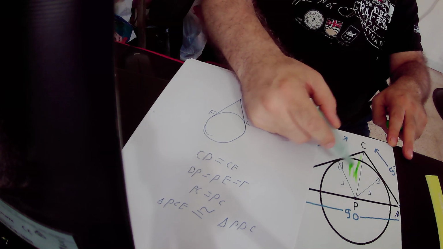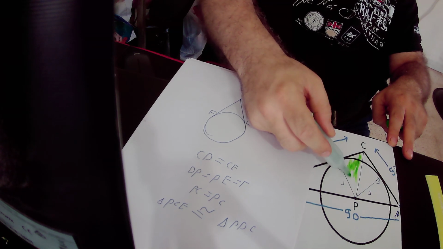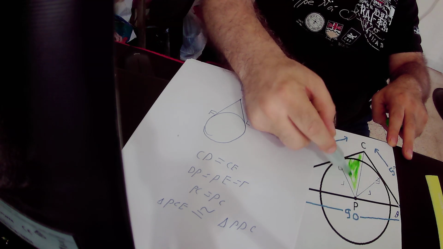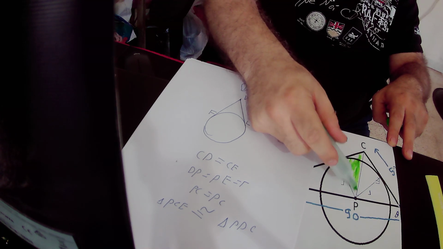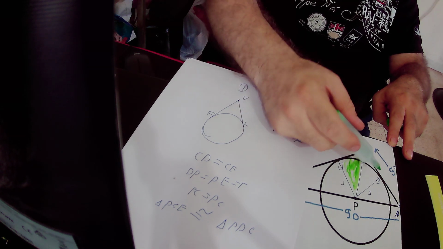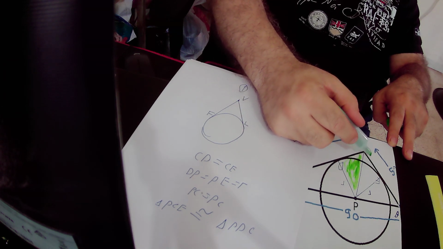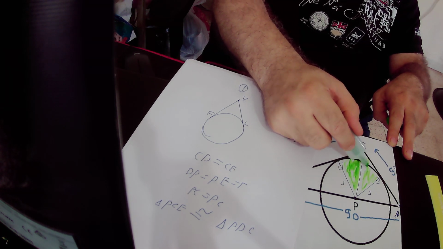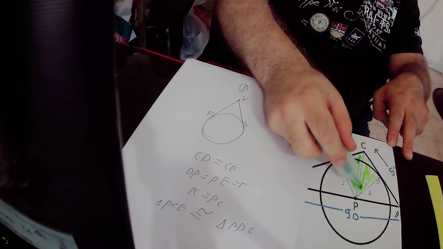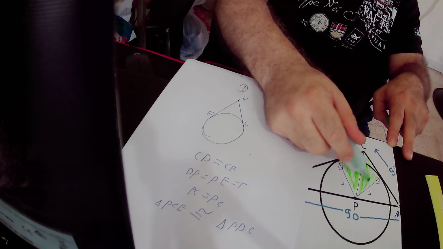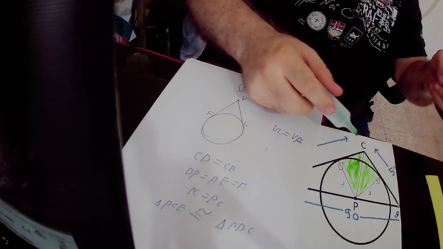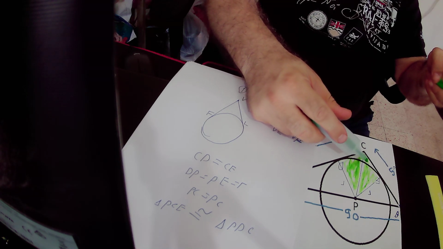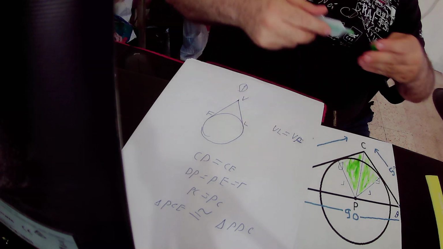This triangle is actually congruent to this triangle. Okay, or triangle CDP overlaps triangle CEP.